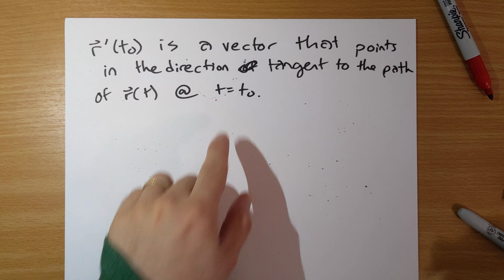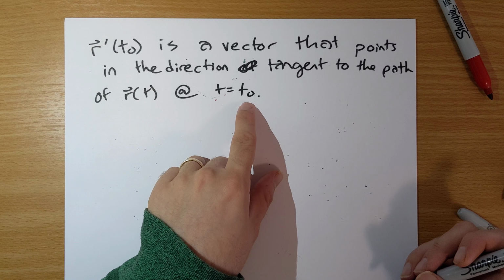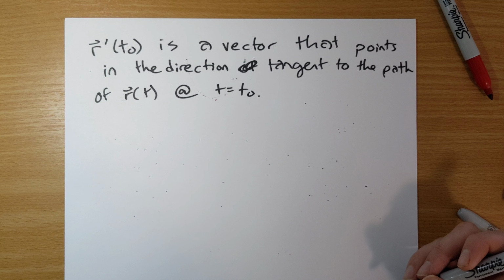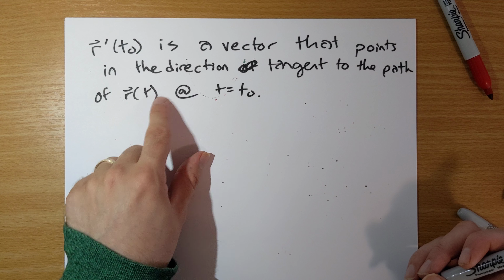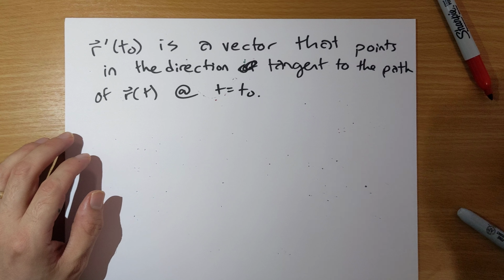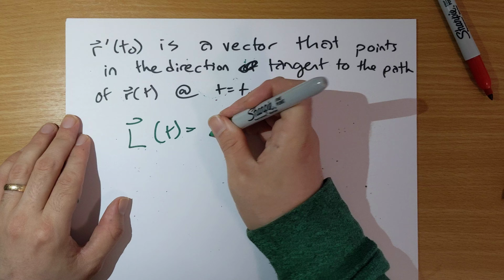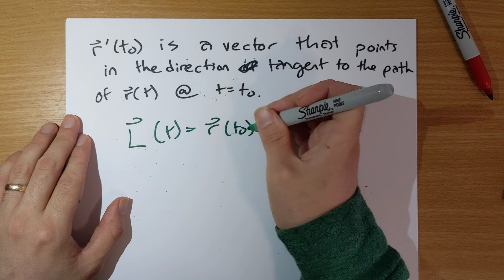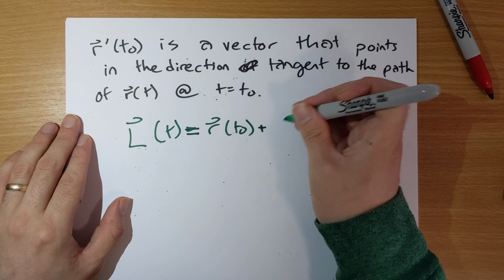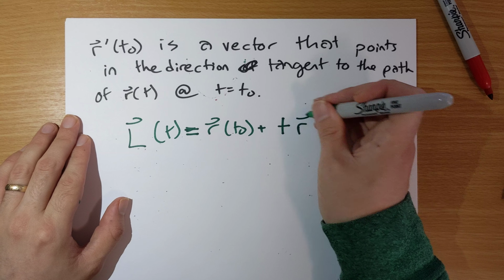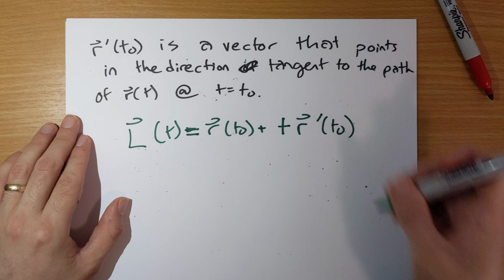And so the particle we're thinking about, this particle moving, is at r of t naught at time t naught. So our tangent line, generally speaking, L of t is r of t naught plus t times r prime of t naught.